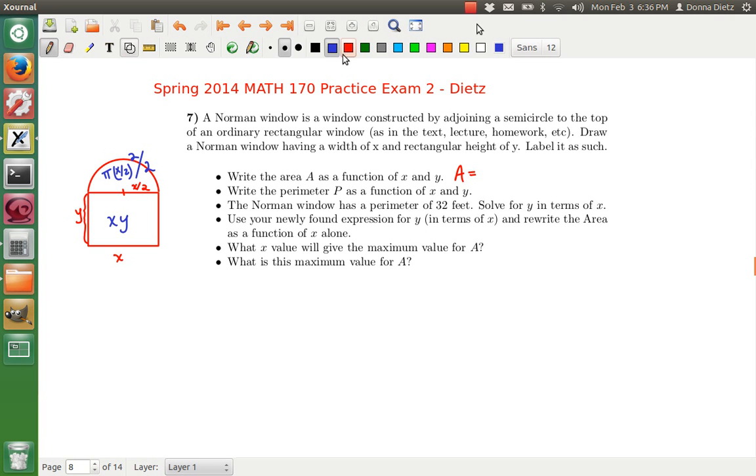We put all those pieces together: xy plus pi over 2 times x over 2 squared, which is xy plus pi over 8 x squared.